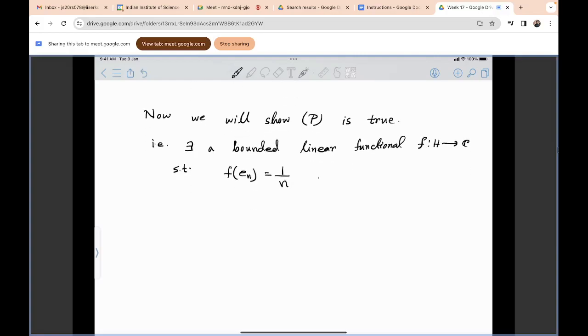So we have to construct a bounded linear functional which at the vector En gives the value 1 by n.